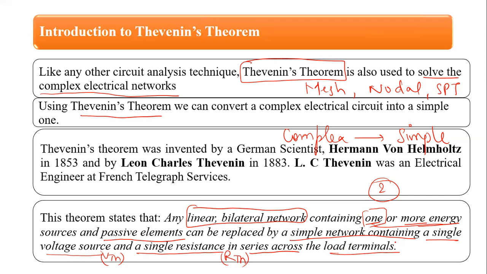That means load terminals are not altered. Apart from the load terminals or load resistance, whatever circuit we have can be converted into a simple network of VTH and RTH across those load terminals.